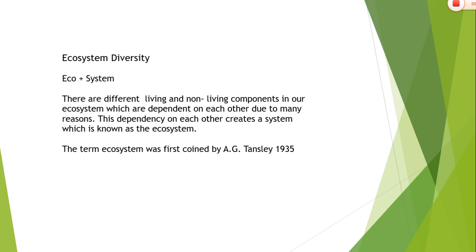So, we can say it is the interrelationship or interaction between living things as well as non-living things, or the interrelationship between the biotic environment as well as the abiotic environment, is called an ecosystem.